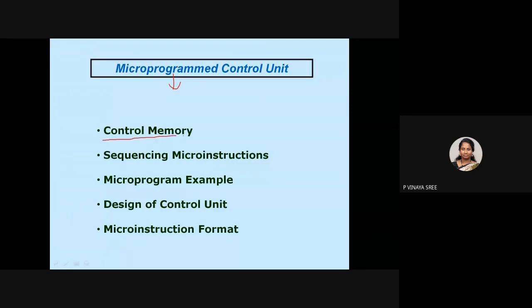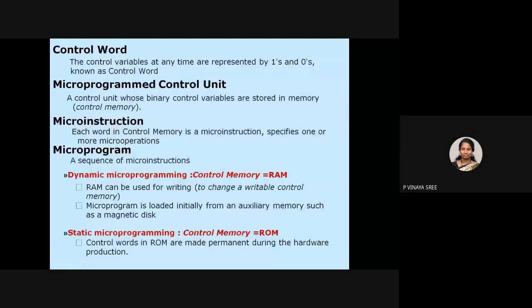In a control memory, a control word, a control variable at any time, is represented as either 1 or 0. The control memory can be implemented using random access memory or read-only memory. If it is implemented using read-only memory, it is static. If it is implemented with RAM, it is dynamic.